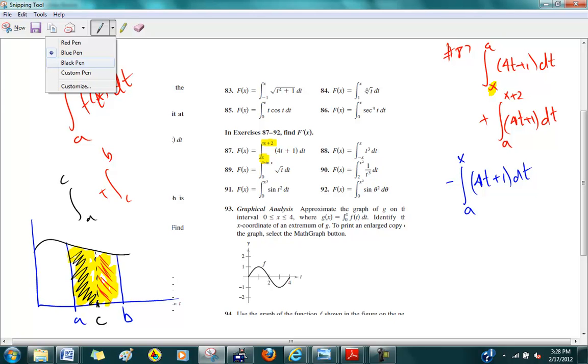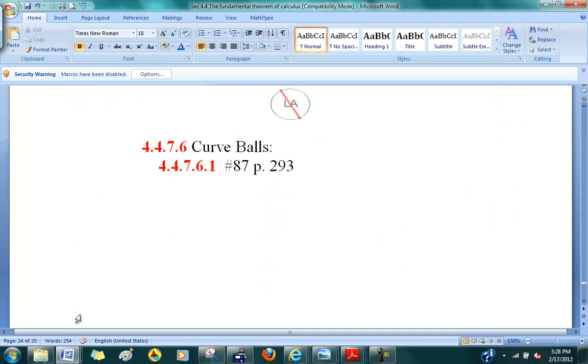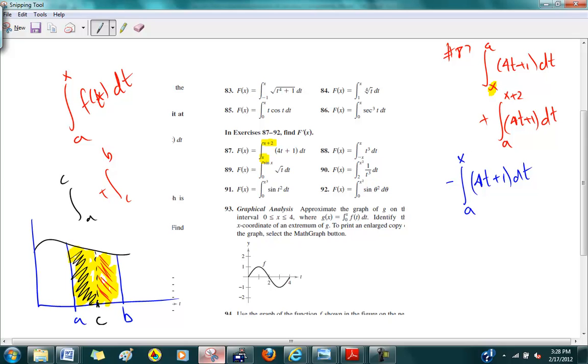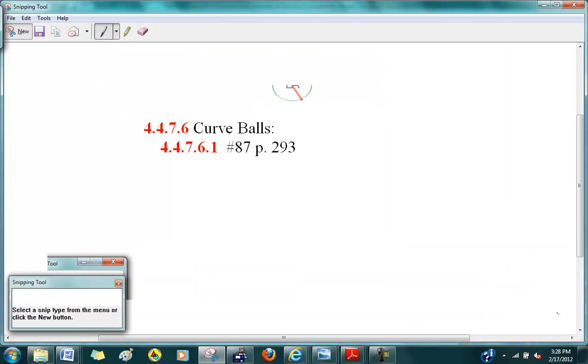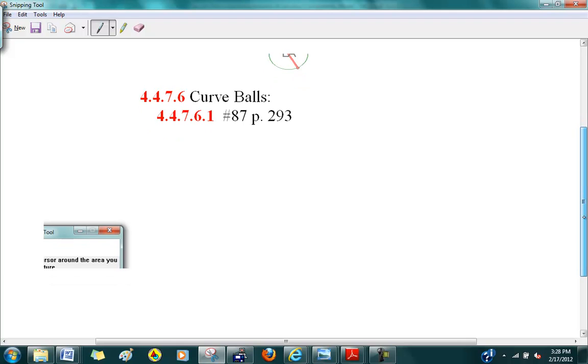How am I going to do this? Can I go back and snip this? Let's see if I do a new one. Okay, snip that. So I do need one example before we go on to that one here. Now I'll just create one for you.